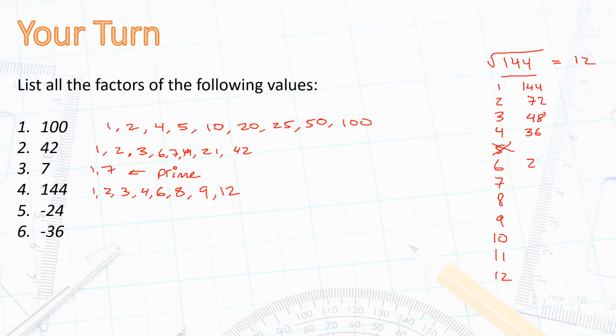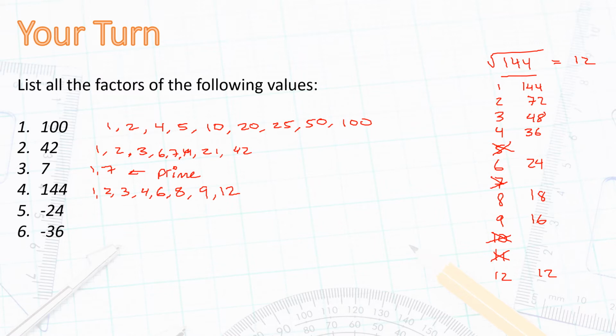6 times 24. Does 7 work? 144 divided by 7, nope. 144 divided by 8 is 18. 9 times 16. 10 does not work. 11 does not work, and then 12 times 12.